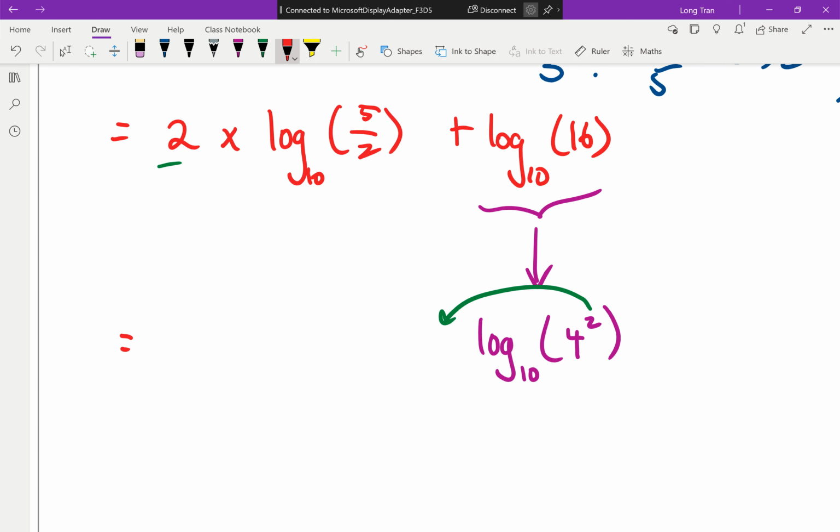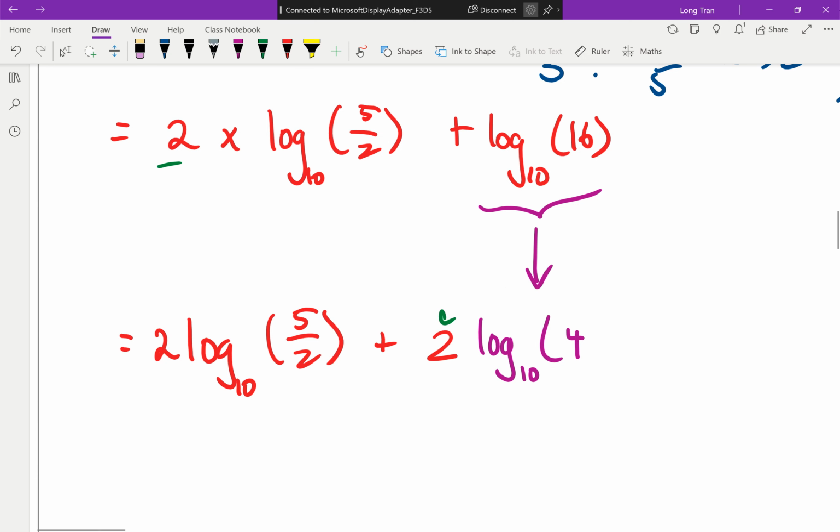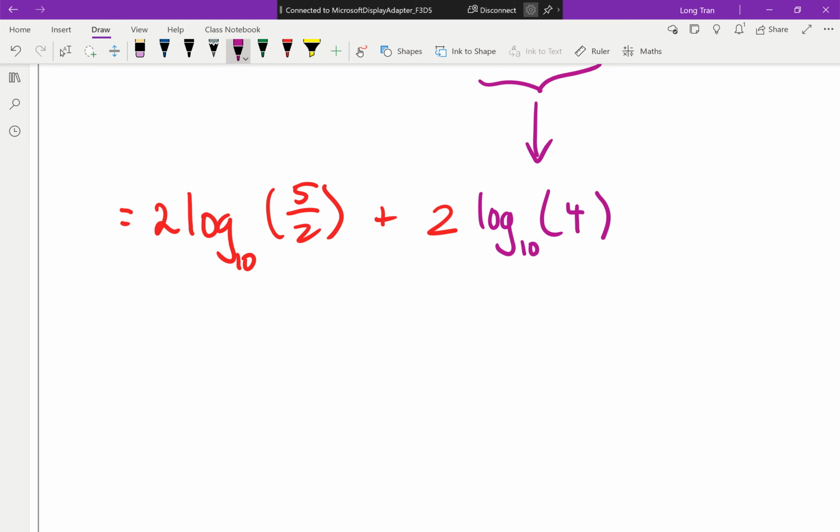Okay, so here, if I kept it with that sort of concept, 2 times log 10 of 5 over 2, plus, in this case now this becomes 2 log 4. Then what we have now is, since they both have the 2's there, you can combine them now and say 2 log 10 of 5 over 2 times 4.